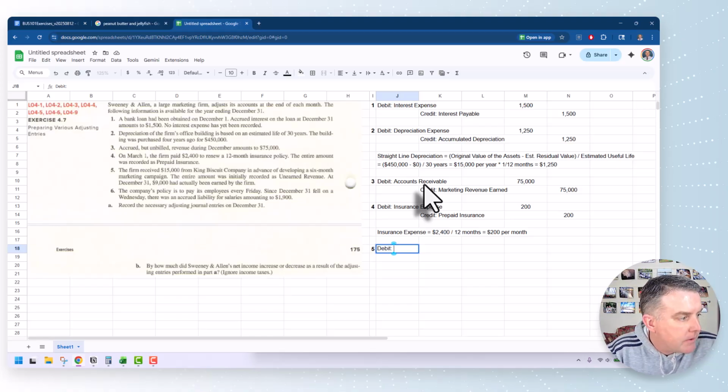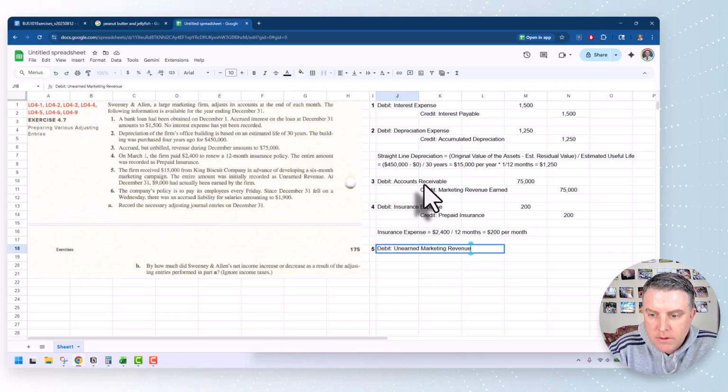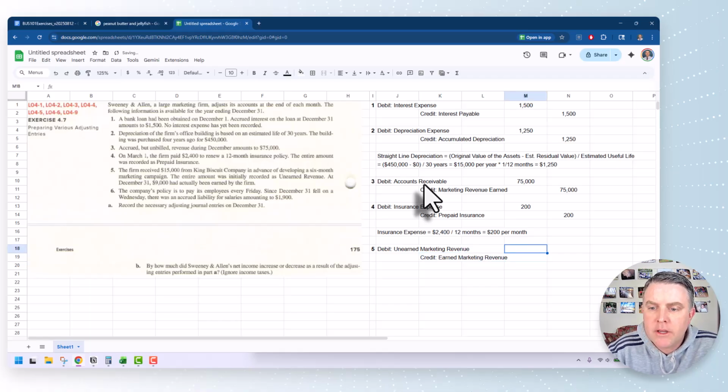So we are going to debit unearned marketing revenue, and we will credit earned marketing revenue. And the amount here will be equal to the 9,000 that they give us in the problem. We don't need to calculate anything for number five.